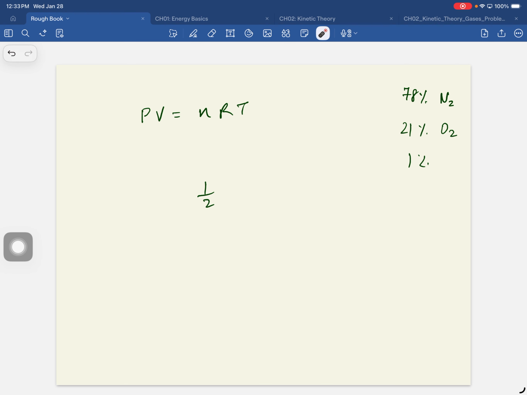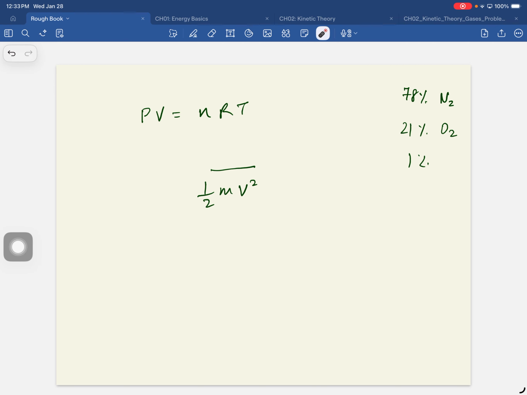In this chapter, what you'll learn is the average kinetic energy per molecule. Do you ever feel a molecule hitting you? Why not? It's too light.